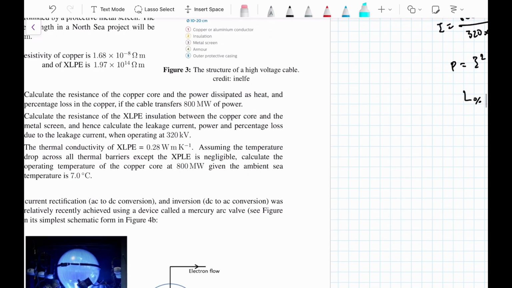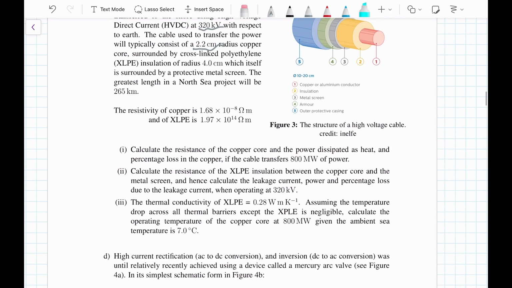And then part 2 says calculate the resistance of the XLPE insulation between the copper core and the metal screen, and hence calculate the leakage current, power, and percentage loss due to the leakage current when operating at 320 kilovolts.